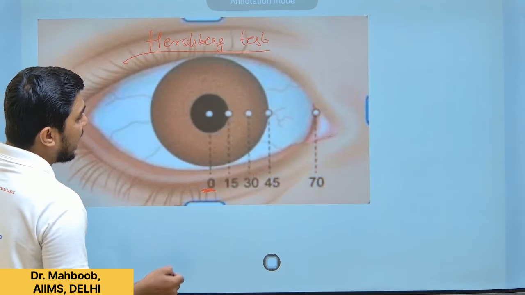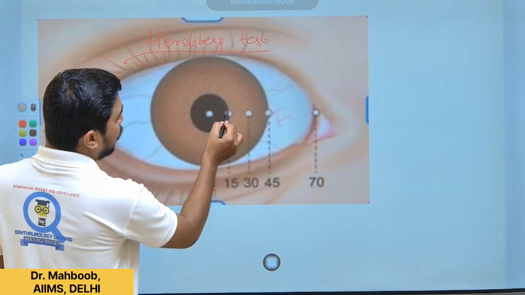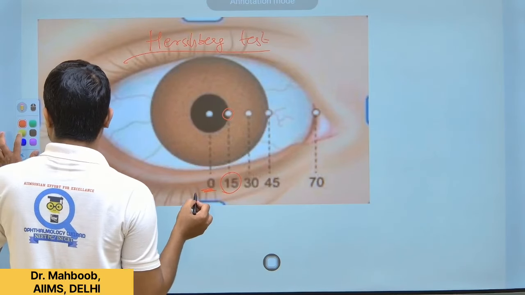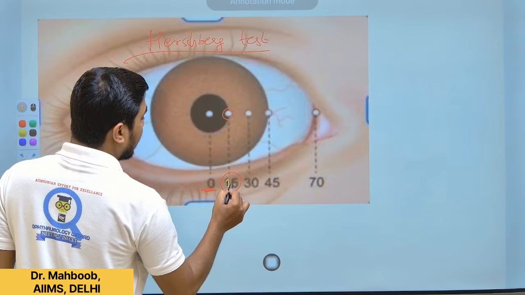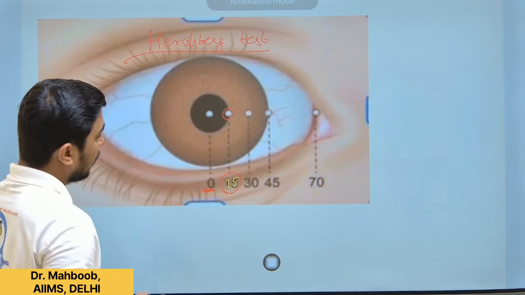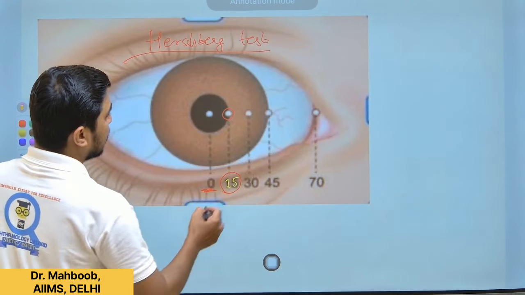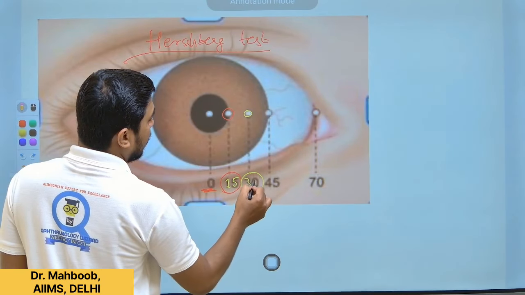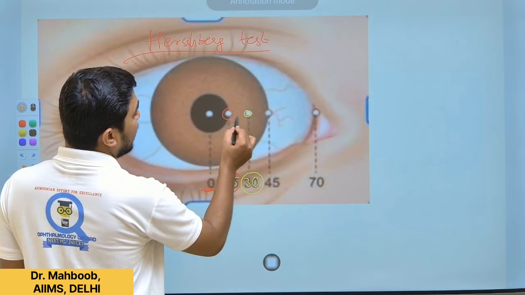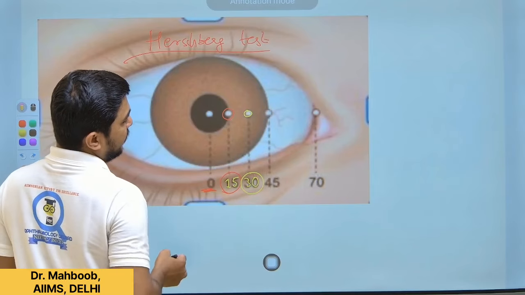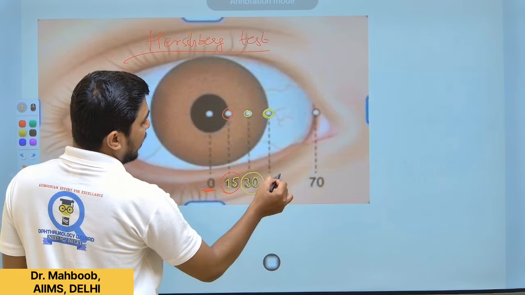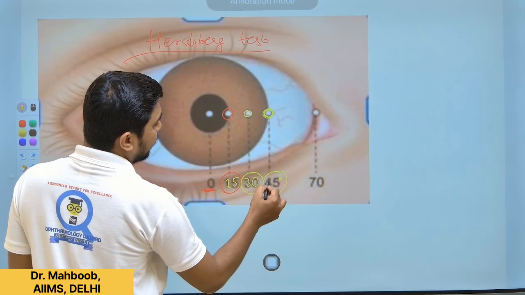When the light falls on the pupillary margin, it is 15 degree. If the light falls in the middle of the iris, it is 30 degree. And when the light falls at the limbus, it is 45 degree.